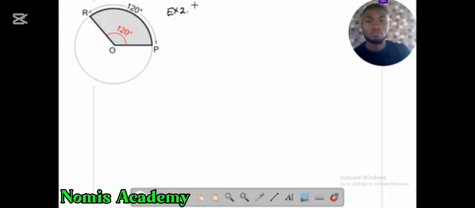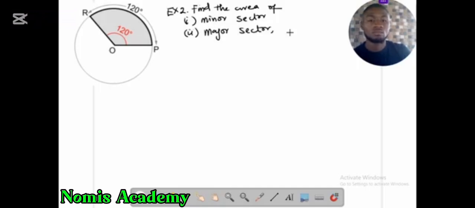The question still asks us to find the area of Roman figure 1 minor sector, and Roman figure 2 major sector, if the radius is 10 centimeter.